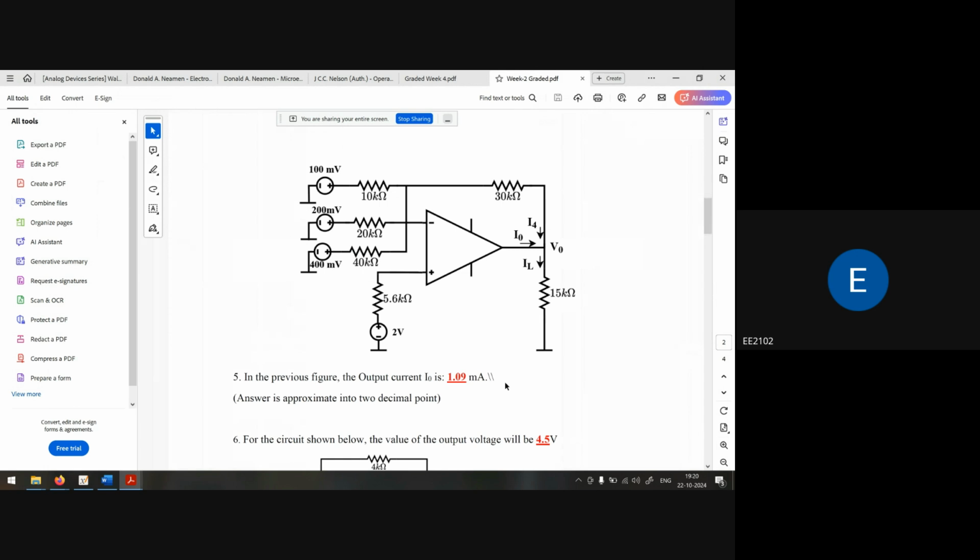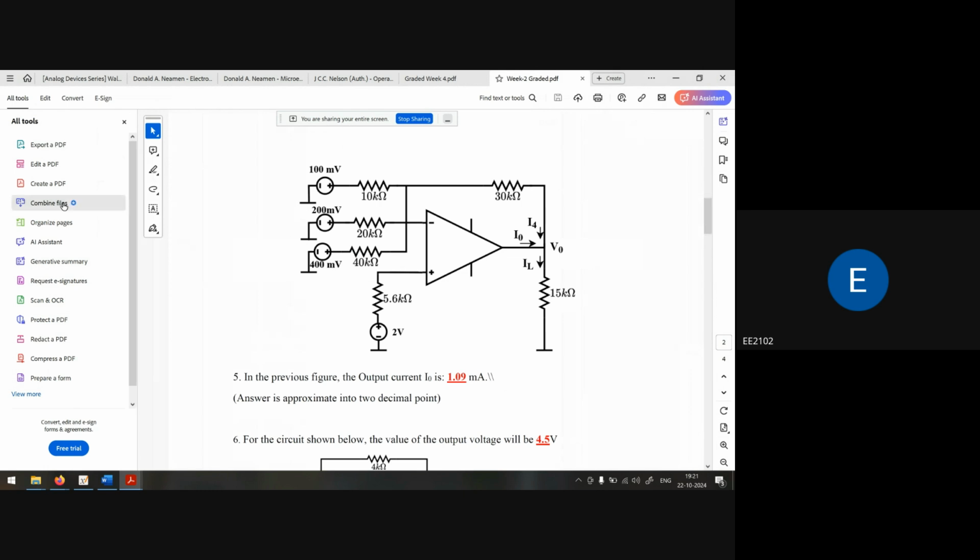How many of you are getting the correct answer and wrong answer? Muthu, are you getting the correct answer or wrong? Yeah, correct answer. Okay, so now tell me. Which question? Question number 5, the output current. Yeah, output current.